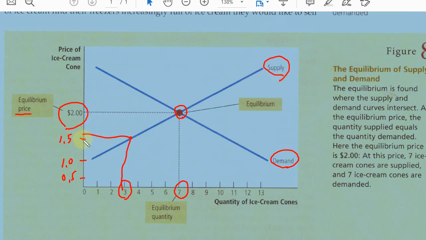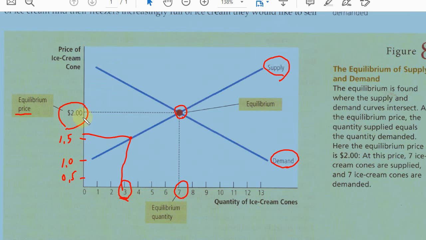At 3 the price equals 1.5, meaning that when the supplier increases the price up to 1.5, the buyers, demand 3, will purchase ice cream cones. That's a similar consumption.